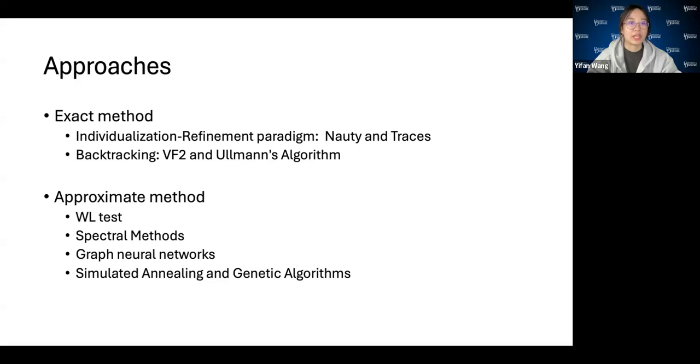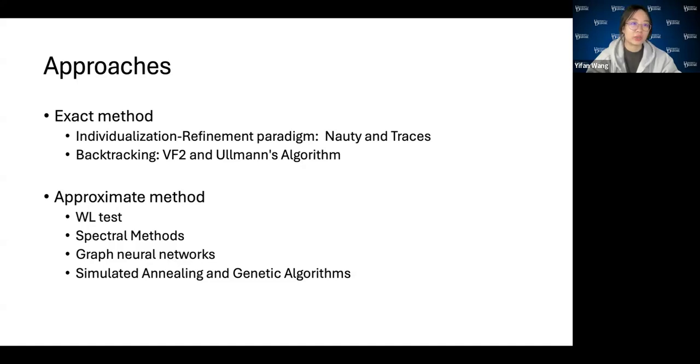There are two main categories of methods for solving graph isomorphism: exact methods and approximate methods. Exact methods are designed to give a definite answer, yes or no, about whether two graphs are isomorphic. These methods focus on exploring all possible mappings between vertices and then finding a precise solution.